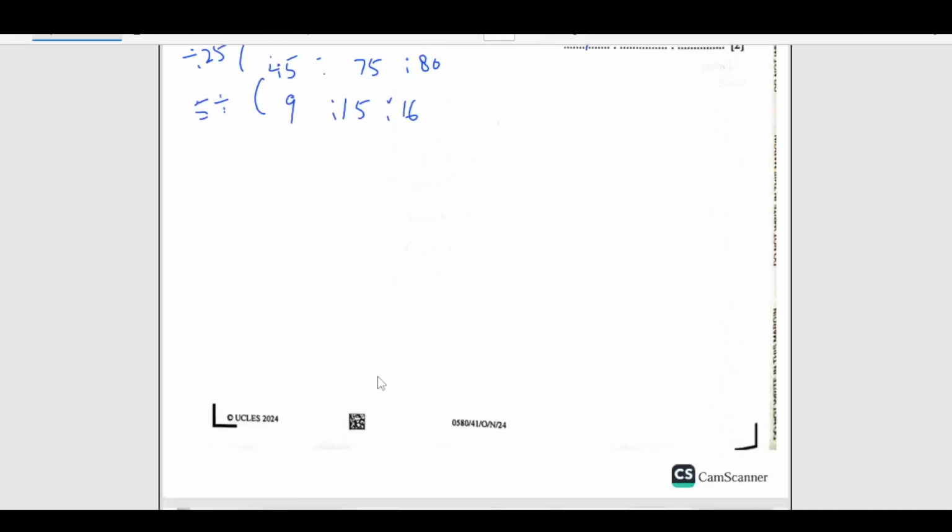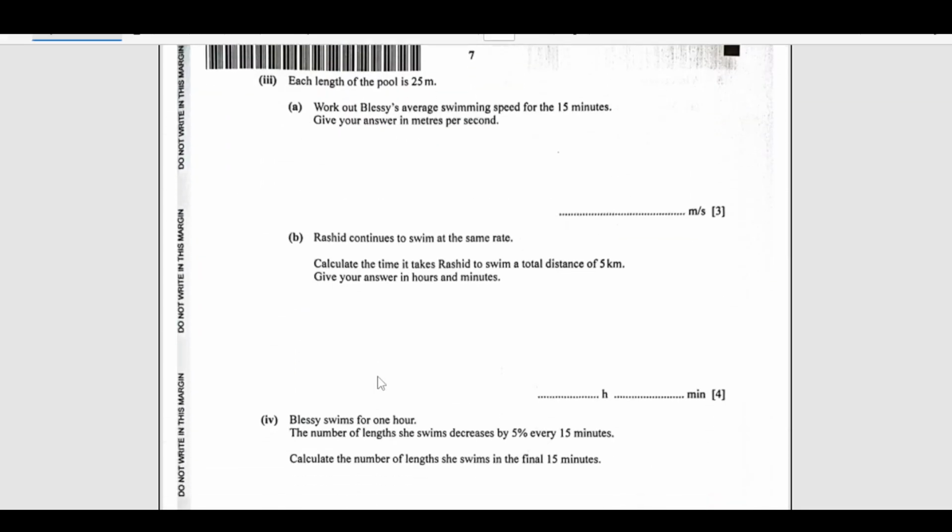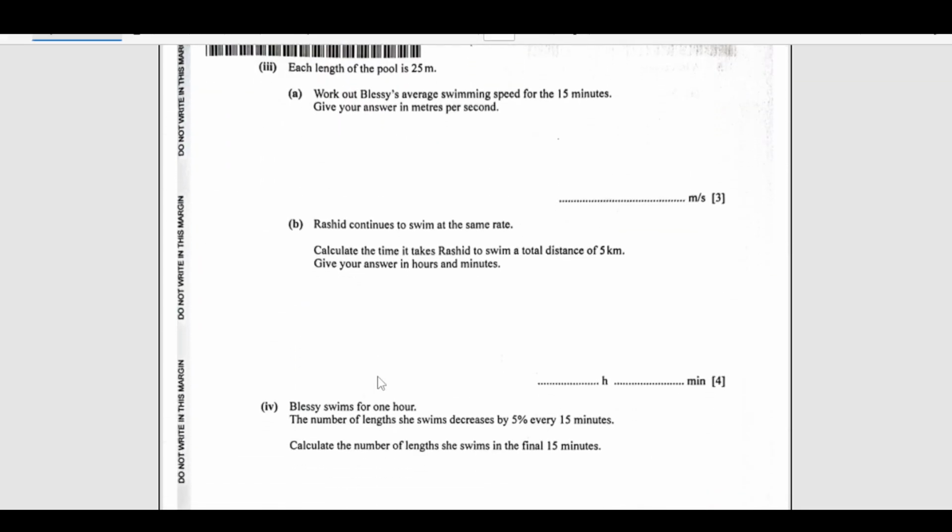Now part 3. Each length of the pool is 25 meters. Work out Blessy's average swimming speed for 15 minutes. Give your answer in meters per second. Each length of the pool is 25, right? So 25.